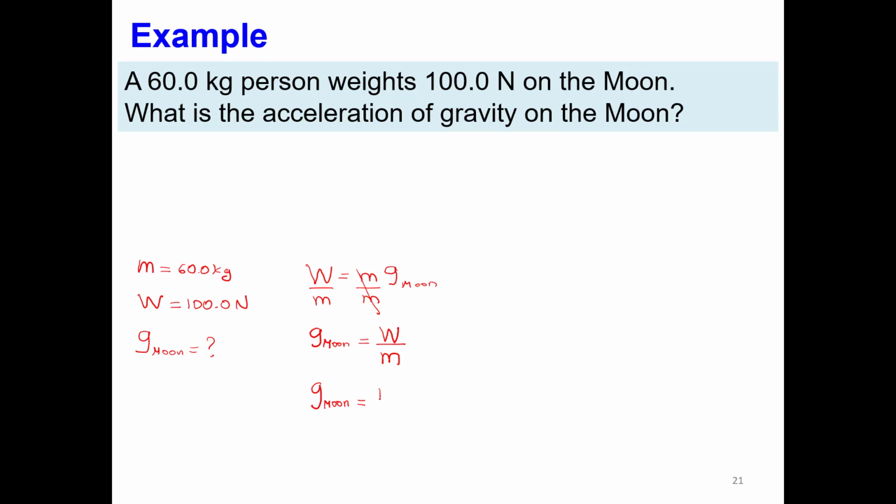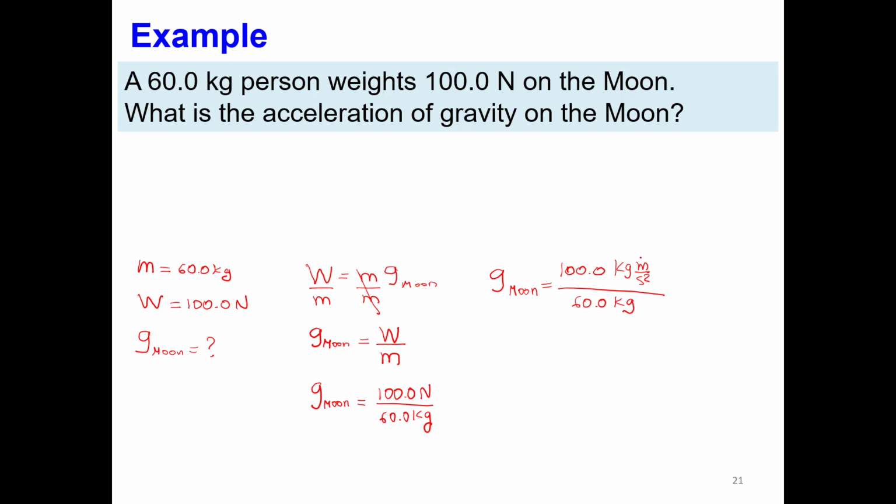The weight will be 100 newtons divided by 60 kilograms. Just here, I want to rewrite this one. 100 newtons we can write like kilograms meters per second squared, and the other is 60 kilograms.